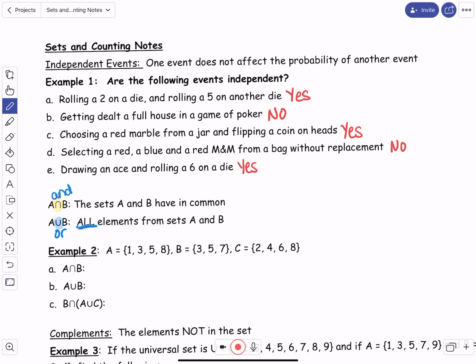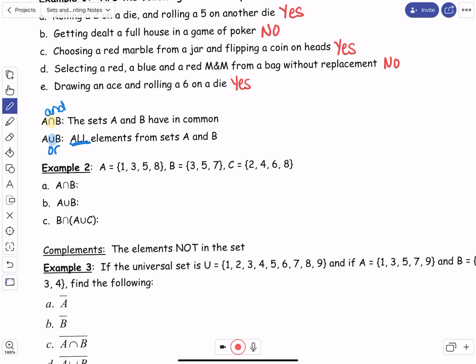And this can be anything. So in example 2, I keep it simple. We just do a set of numbers, okay? Set A is the set of numbers 1, 3, 5, and 8. Set B is the set of numbers 3, 5, and 7. Set C would be 2, 4, 6, and 8. We could also do, just for an example, say that set A would be the colors red, blue, and green.